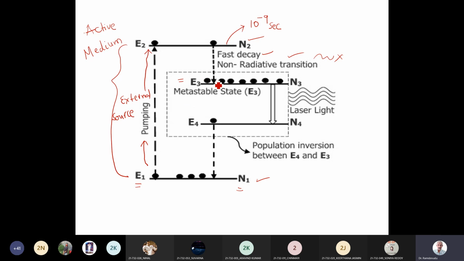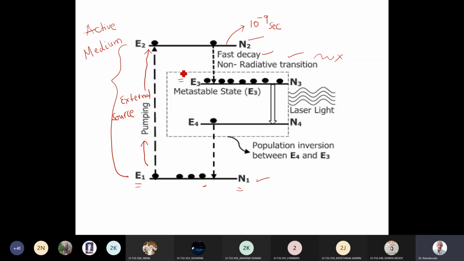So we have more atoms in the excited state than in the lower energy state. When I compare E3 and E4, E4 is an excited state but lower than E3. Therefore, I can have population inversion between any two energy levels. Here I have only one atom, but here I have 7 atoms.